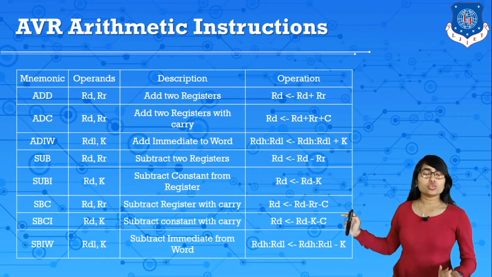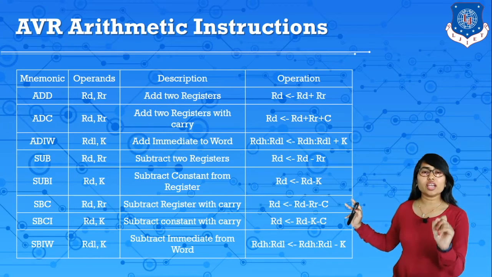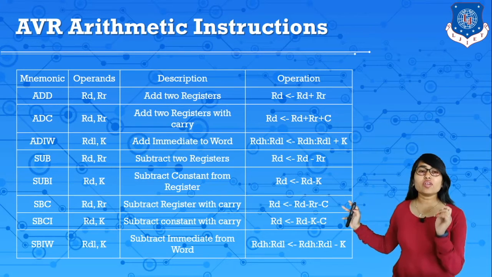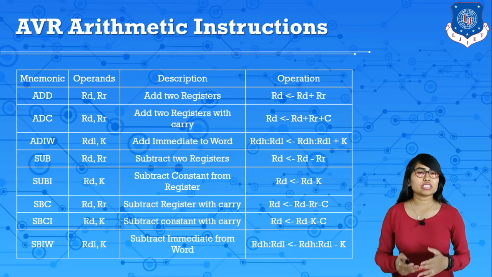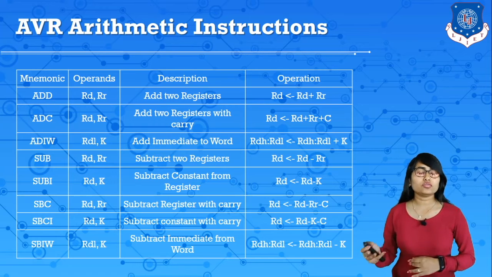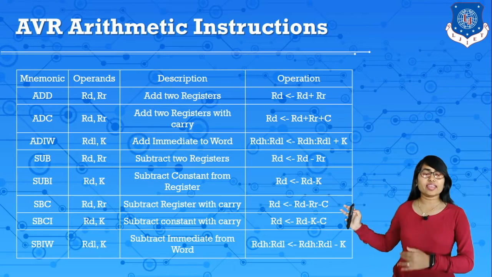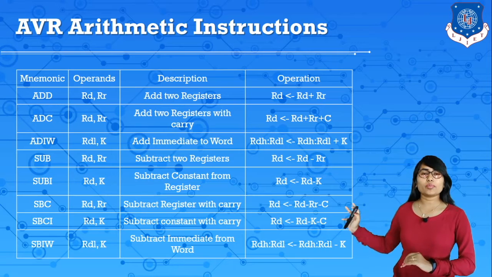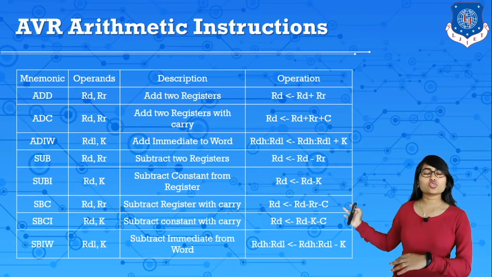So whatever the value of K is directly subtracted from the Rd register, and the result is stored in the Rd register. Now to subtract one register from another with carry, here the instruction SBC Rd, Rr, subtract the register with carry. So the operation is Rd minus Rr minus C, and the result is stored in Rd.